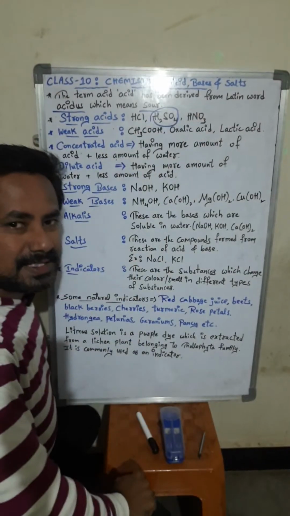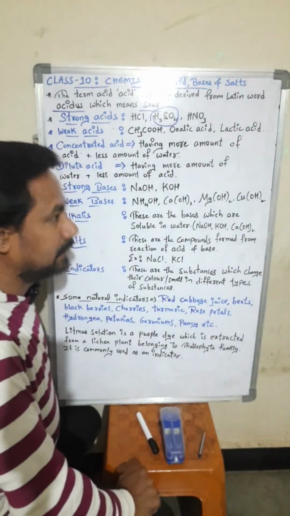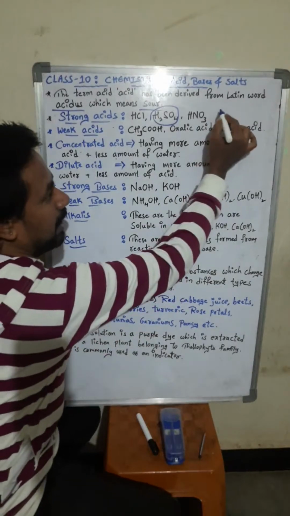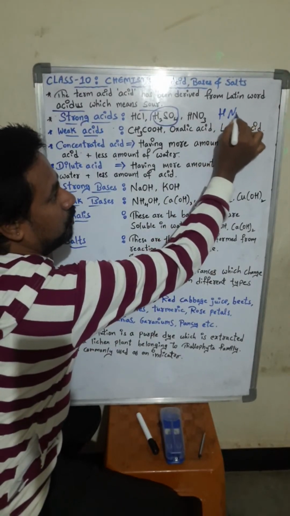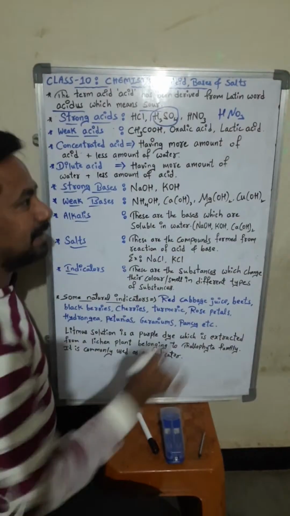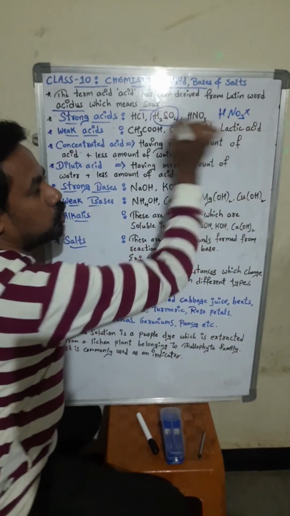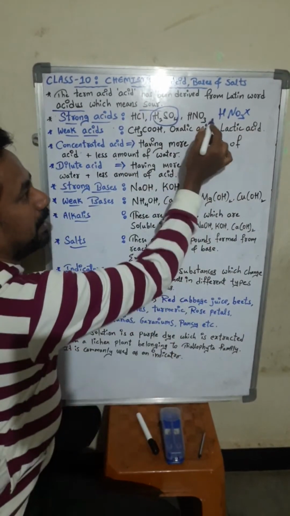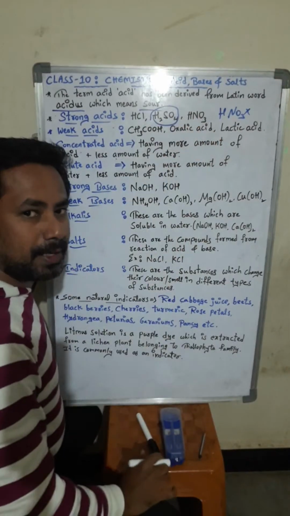Another example is HNO3. Few people write it in a way that is completely wrong. H, N and O should all be capital.